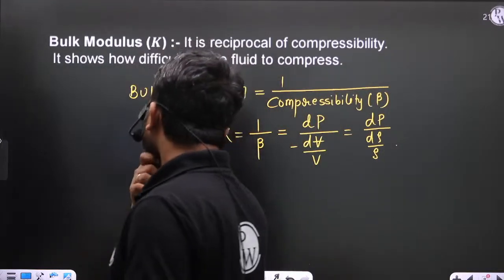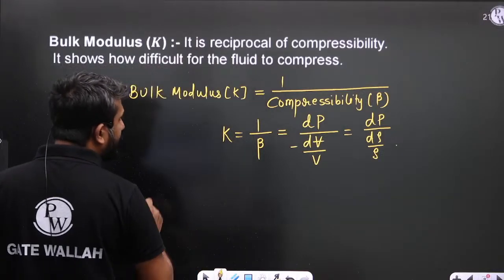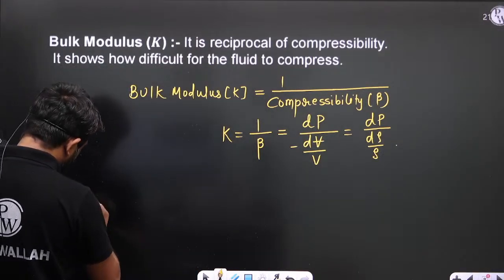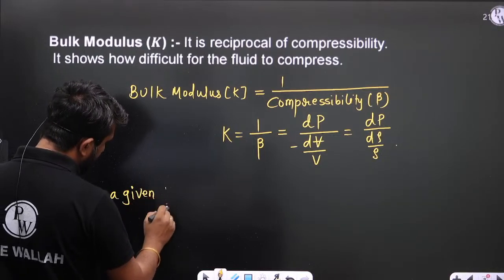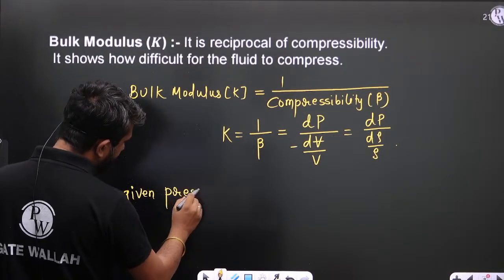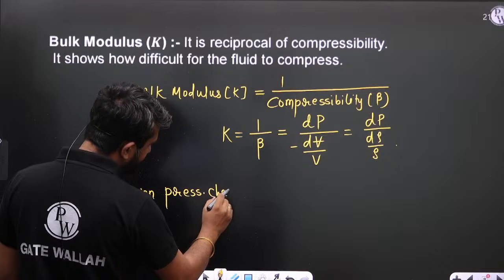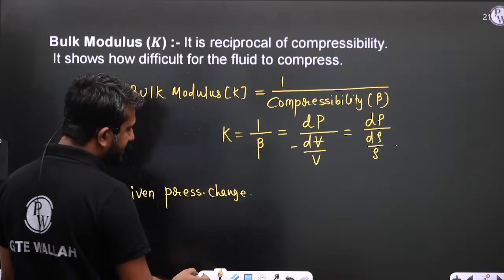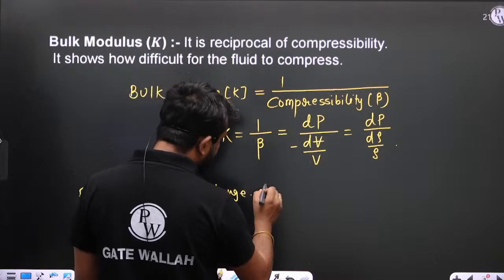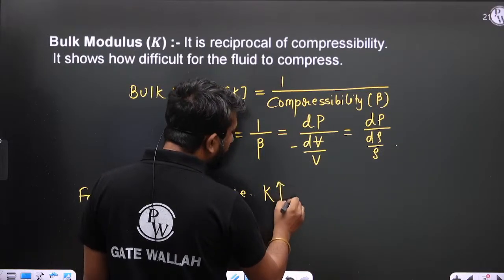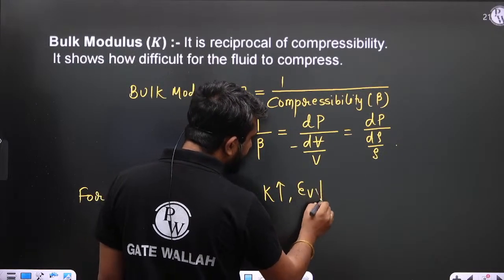So for a given pressure change, that means for a given dP, if K is more, then the volumetric strain is less.